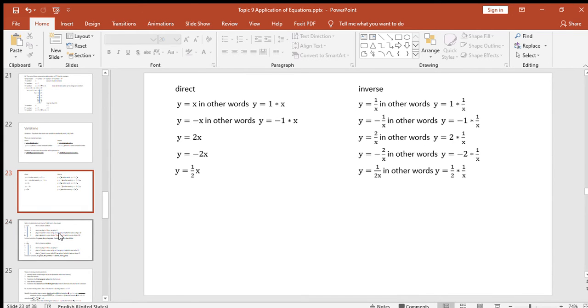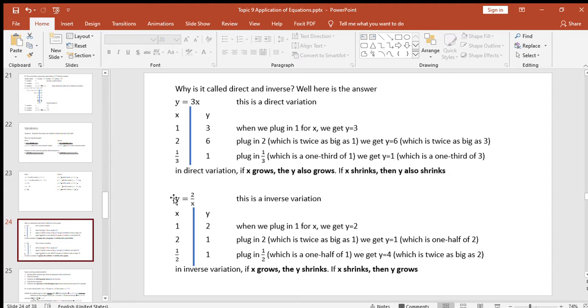So let's have some problems. Oh no, let's talk about why it is called direct and inverse variation. Here's the answer. Let's say we have a direct variation, y equals 3x. Let's say you input 1 for x. 3 times 1 will give you 3.